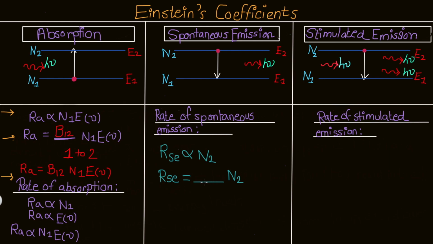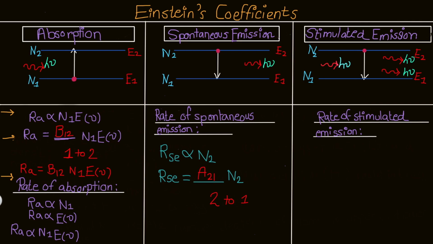That constant is again the Einstein's coefficient, which we write as A. Actually, that's not a nice A, I'll write it better. A 2 1. Now it's 2 1 because the atom is jumping from the upper level, the second level, to the lower level.